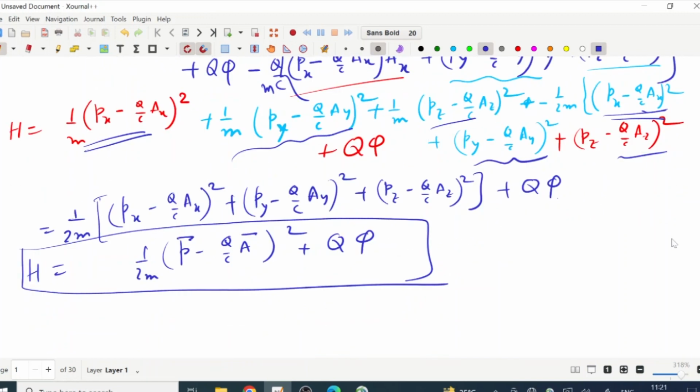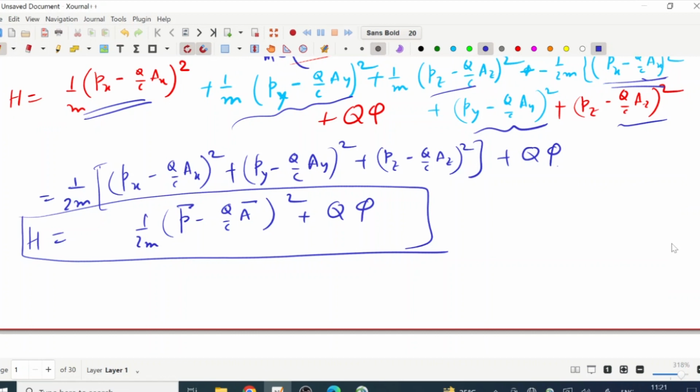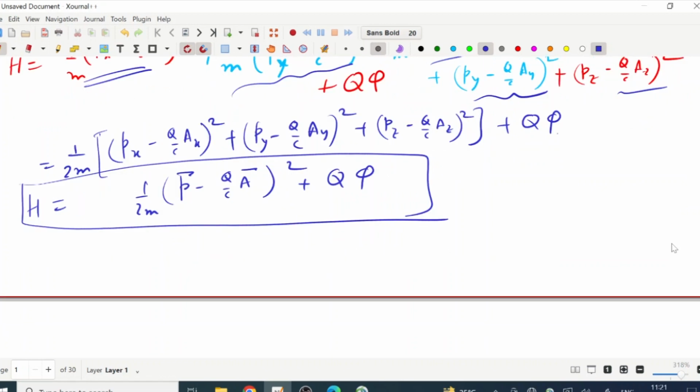Basically, what happened is that the momentum gets replaced. If you have a Hamiltonian of a system, then from that system you can find the Hamiltonian in the electromagnetic field by changing p to p minus q by c A, the vector potential which produces the magnetic field, and adding a q phi term, the scalar potential term.